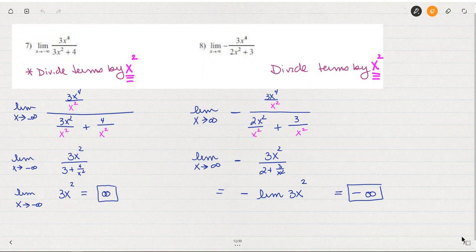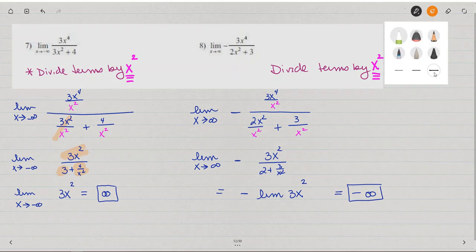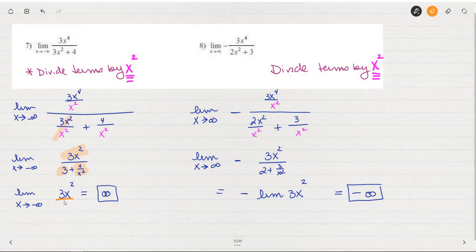When we divided by x squared, 3x to the 4th over x squared reduces to 3x squared. In the denominator, the x squareds divide out, and we got 3 left over. And then 4 over x squared, nothing reduces. When I do the limit, the limit in the denominator is going to be 3 plus 0, or just 3.